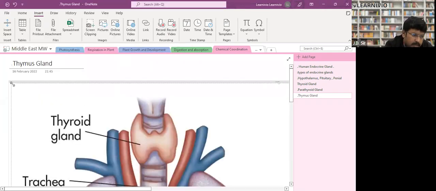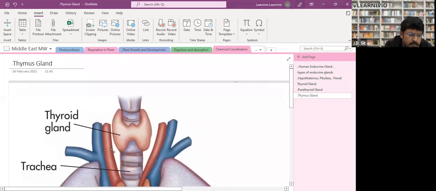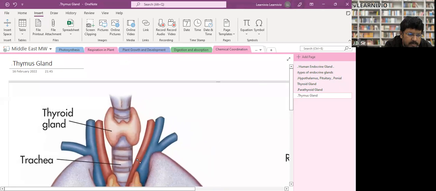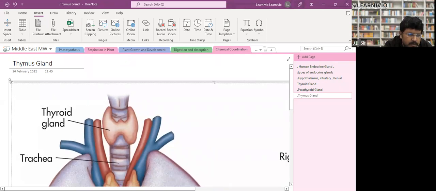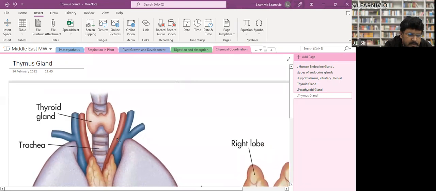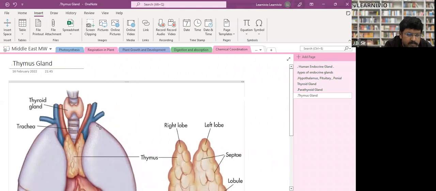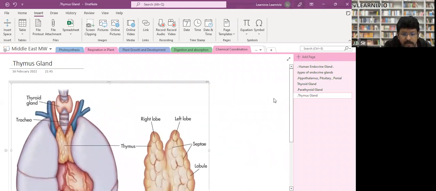Actually, this gland is smaller when we take birth. When we become adult, it becomes larger again. When we reach middle age, it becomes smaller, and at the time of old age, it almost degenerates, right?